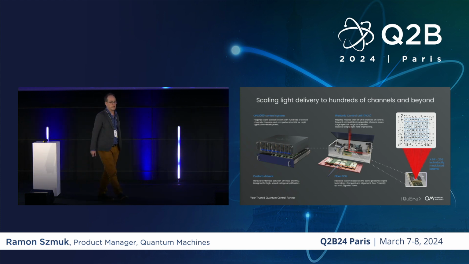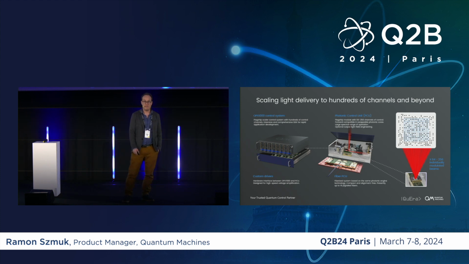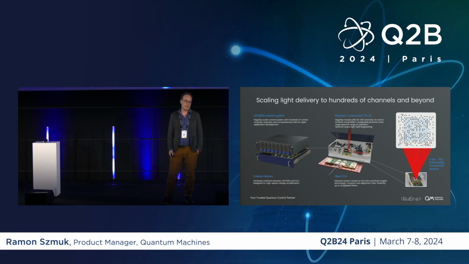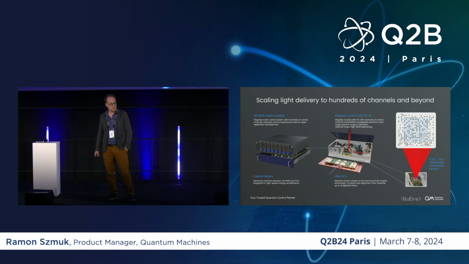Each modulator can support more than 10 milliwatts. So this is our attempt to alleviate the I/O challenge for optically addressed qubits. And so great, we have the drive channels.